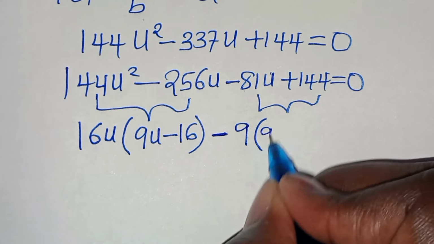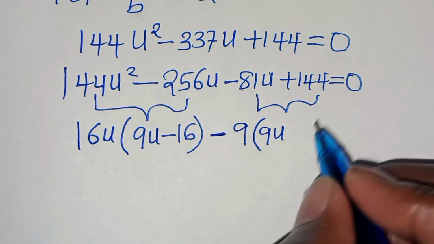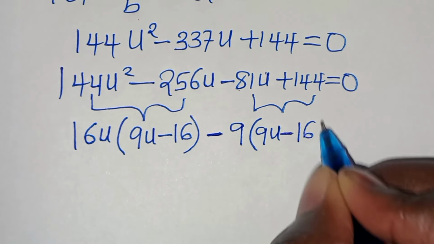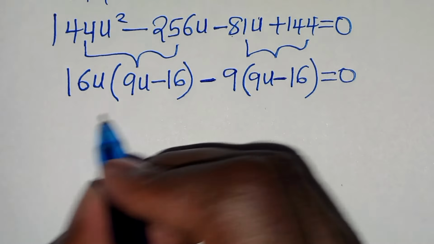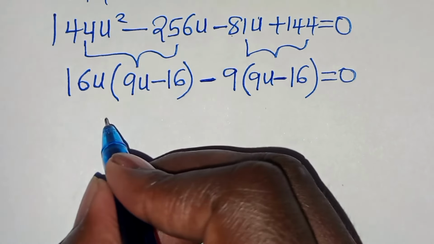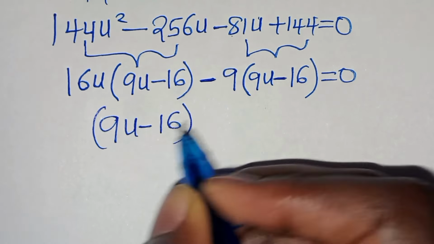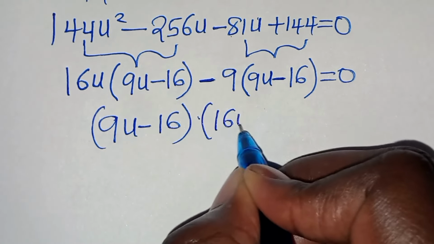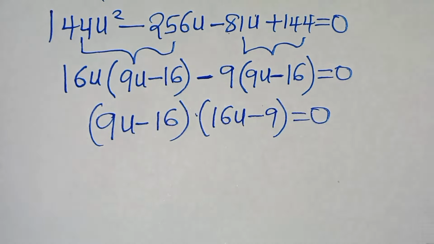This is equal to 9u, then plus 144 divided by minus 9. This is minus 16. This is equal to 0. So we have 9u minus 16 is common. That is 9u minus 16. Then we have 16u minus 9. This is equal to 0.